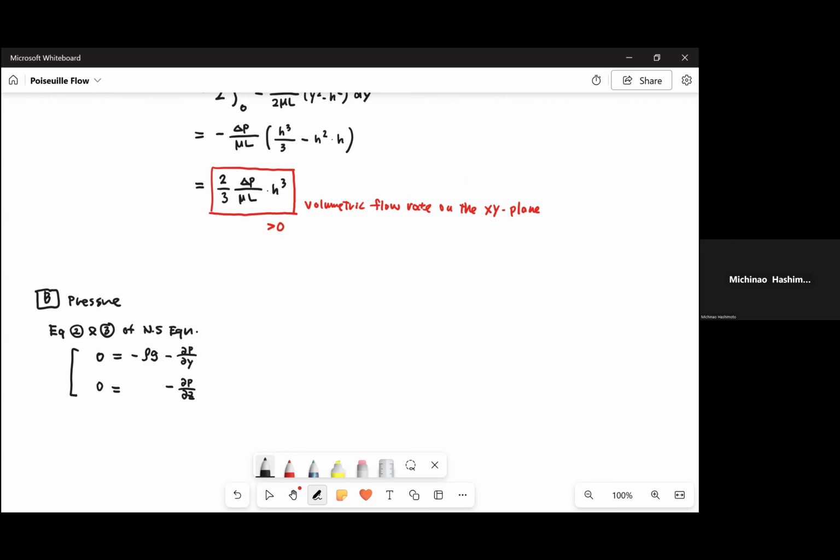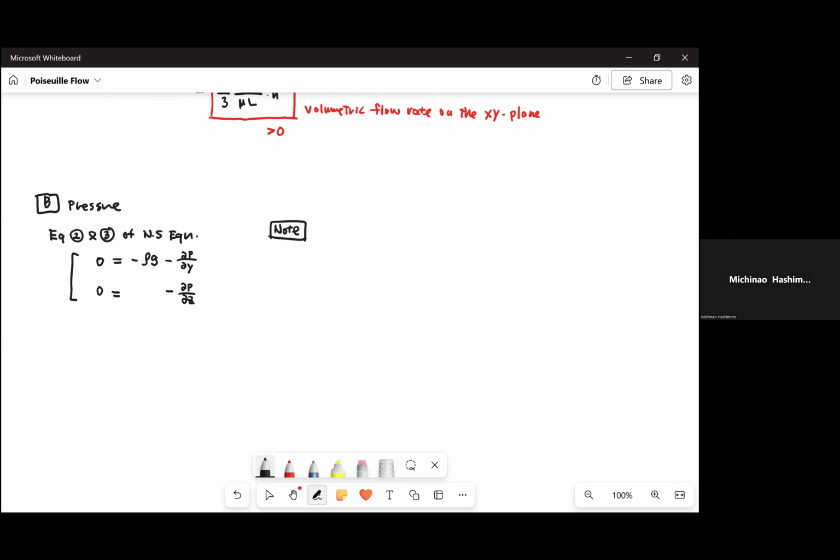How can we simplify this? Originally, the pressure depends on four variables: x, y, z, and t. There is no t dependence because it's steady.